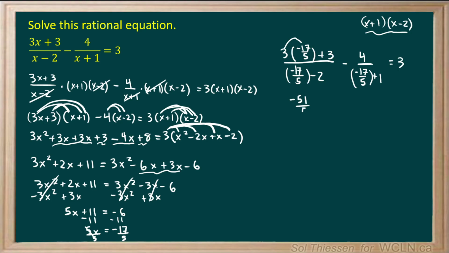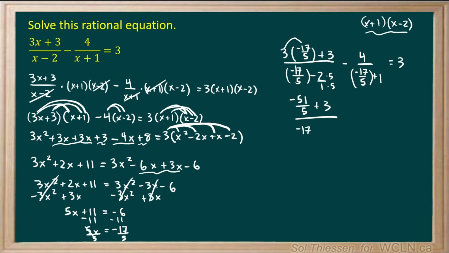negative 51 over 5 plus 3 over negative 17 over 5 minus 2, but we're going to put 2 over a denominator of 5. Right now it's over a denominator of 1, so we'll multiply numerator and denominator by 5 to make this subtraction a little easier.